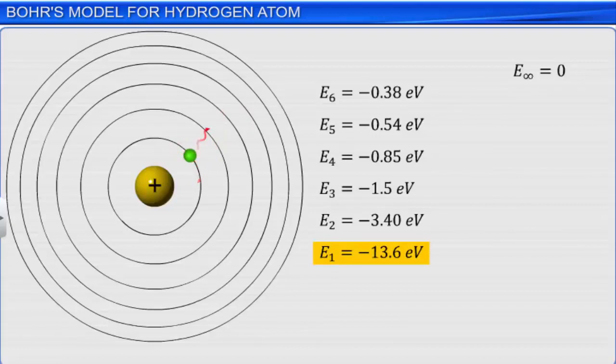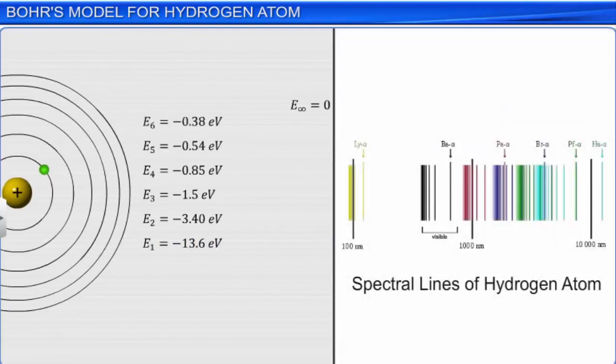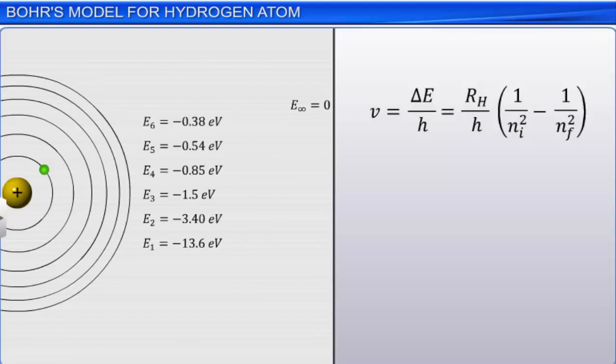Because of the presence of multiple hydrogen atoms, a large number of spectral lines are observed. The frequency associated with the absorption and emission of the photon can be calculated using the equation delta E divided by h, where h is Planck's constant.